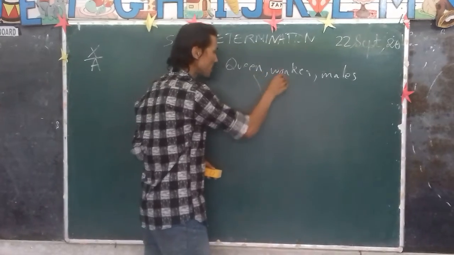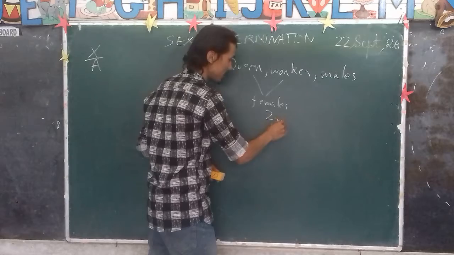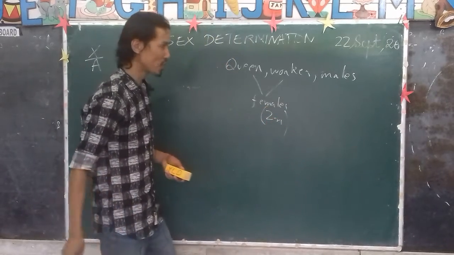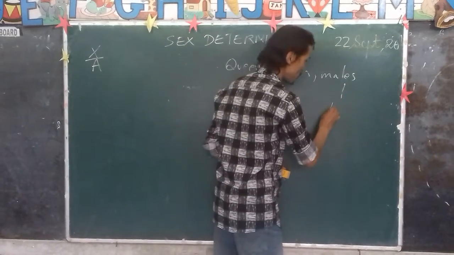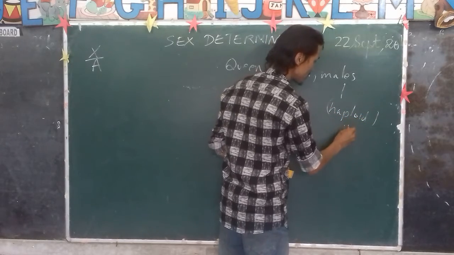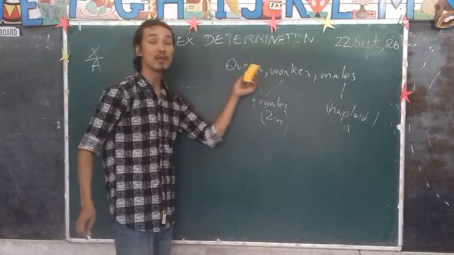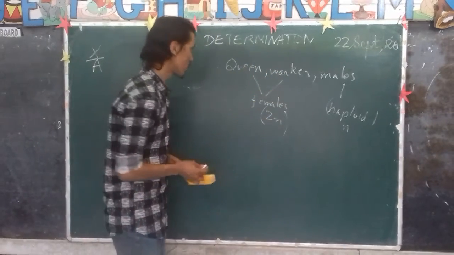Queen bee and the worker bee are females and they have a diploid set of chromosomes. Males have only a haploid set of chromosomes. That means the chromosome number is just half of what it is in the queens and the workers.